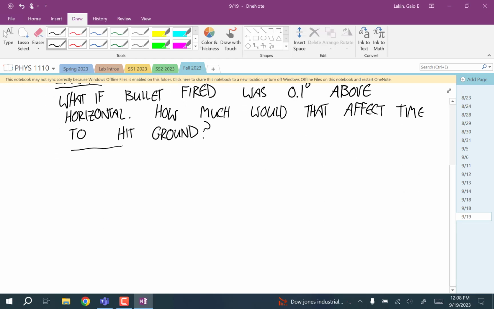Okay, so this time it's going to be fired, again, from a height of 1 meter. But if that's the horizontal, this time it's going to be fired at an angle. Obviously, that's a huge exaggeration. 0.1 degrees is such a small angle. You really can't eyeball that at all. But we're going to say it's fired at an angle of 0.1 degrees, and we're going to say the bullet is going 1,000 meters per second.